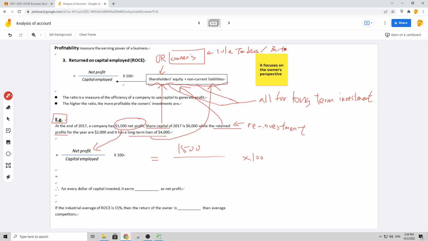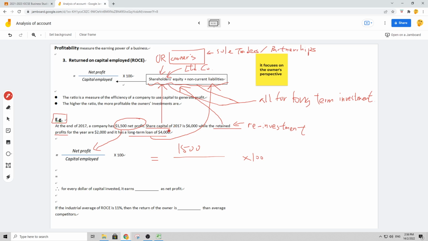Okay, alright, partnerships. You can see everything that we've learned, we can actually link them together. And for shareholders, it's basically any form of limited company. Okay, limited company. Yes. So when you are in the exam, make sure you use the right terminology. Okay, alright. So there you go.